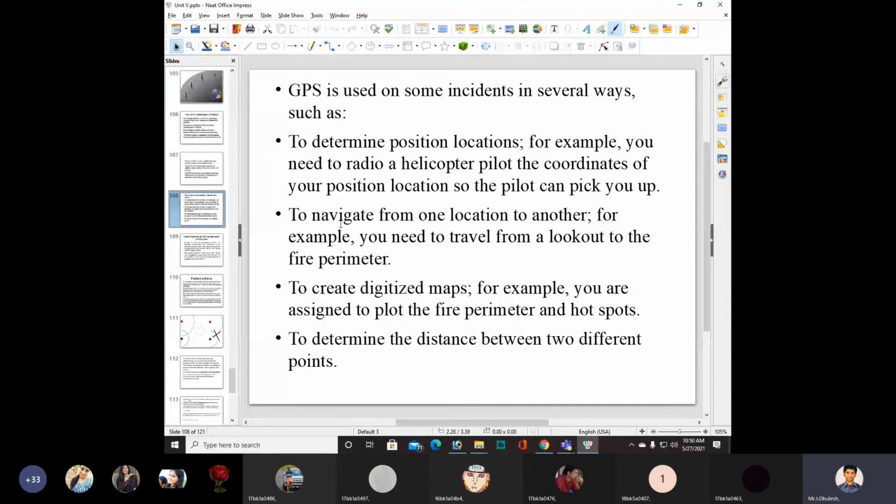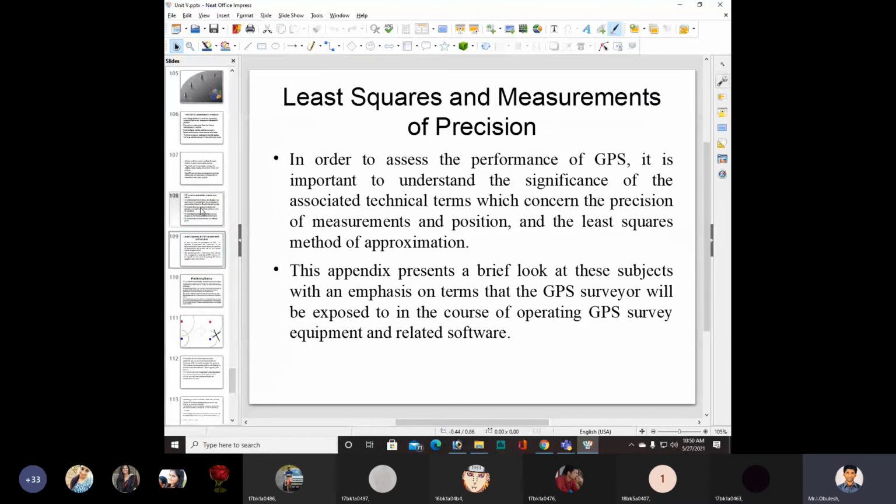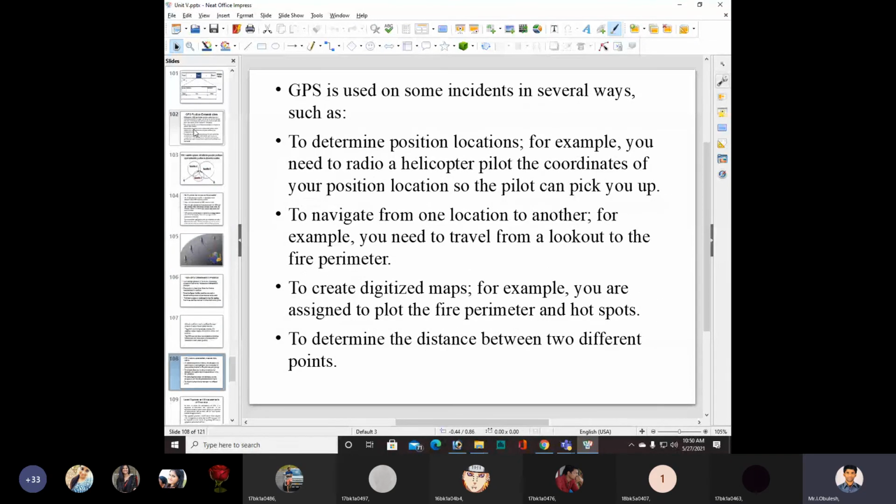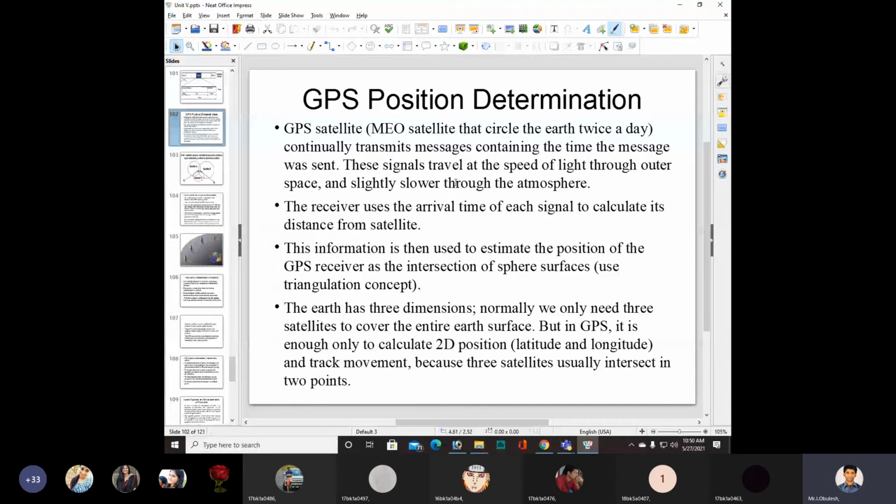You need to remember once again GPS position determination, how we determine the position. First, your GPS satellite continuously transmits messages, which contain the time the message was sent.